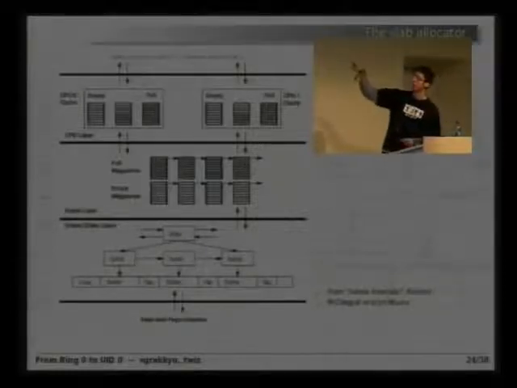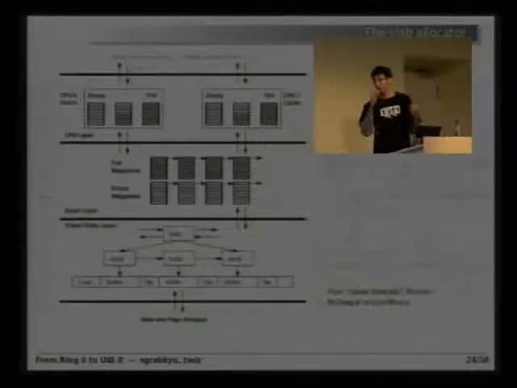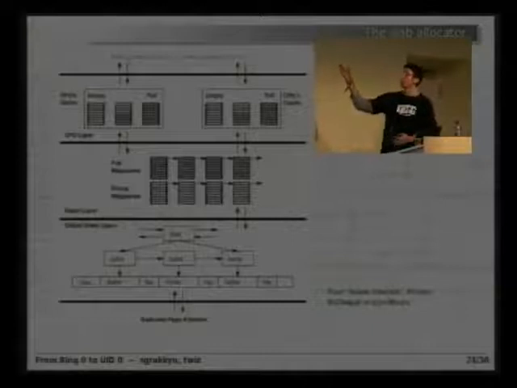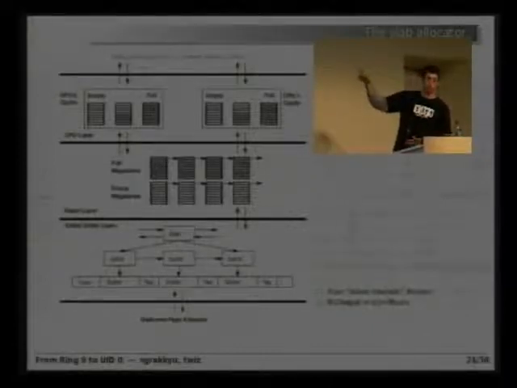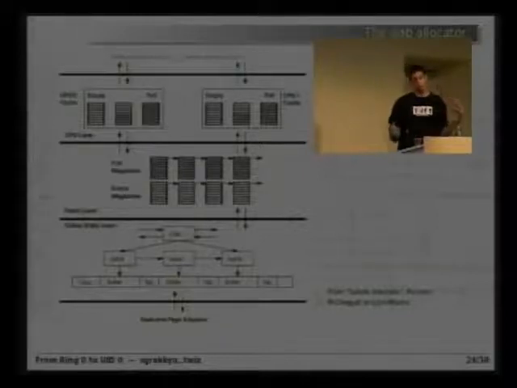Those rectangles that you see are called magazines. Magazines are an array of pointers. Each one of those magazines keeps one pointer to either a full object, which is an available object, like a blue one, or an empty slot, which is a white one. You can release an object inside an empty slot, or you can take an object from a full one, from a blue one.